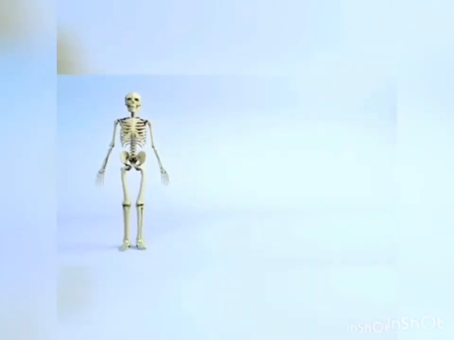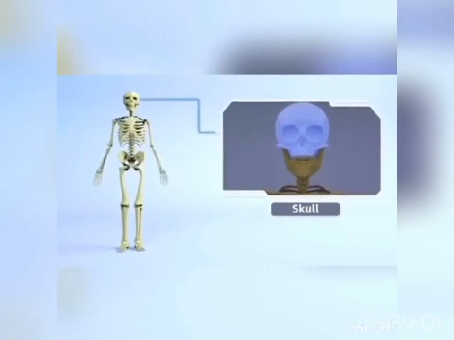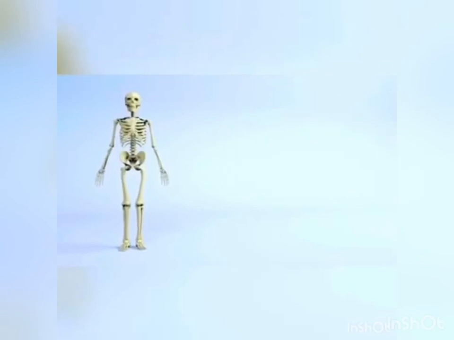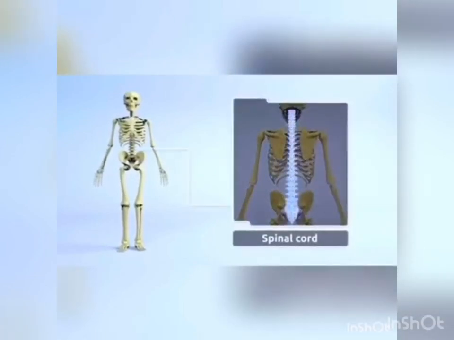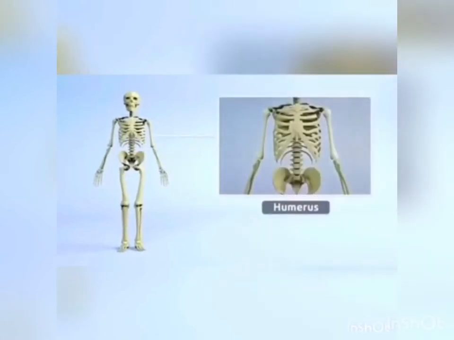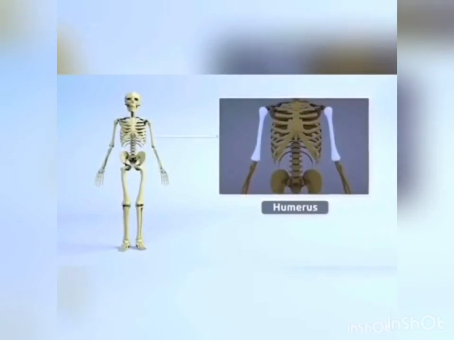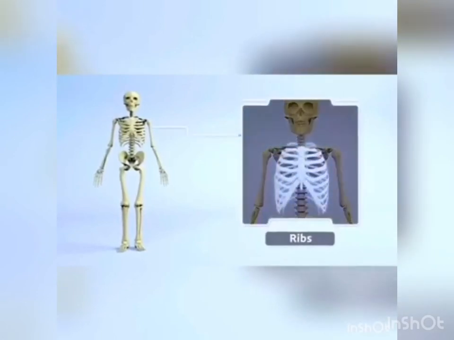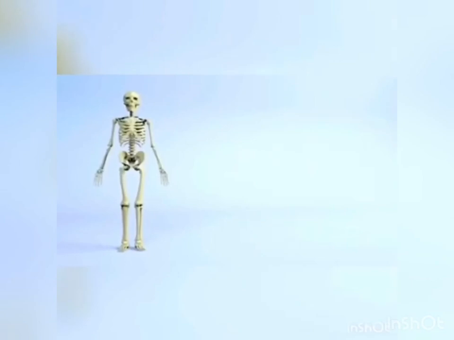We have more than 200 bones, like our skull, spinal cord, humerus, ribs, and femur bones.